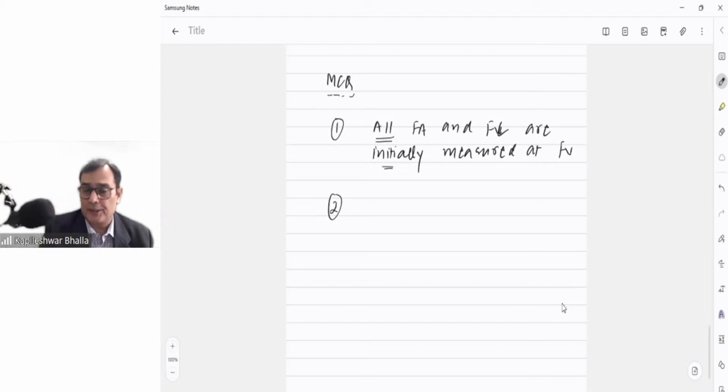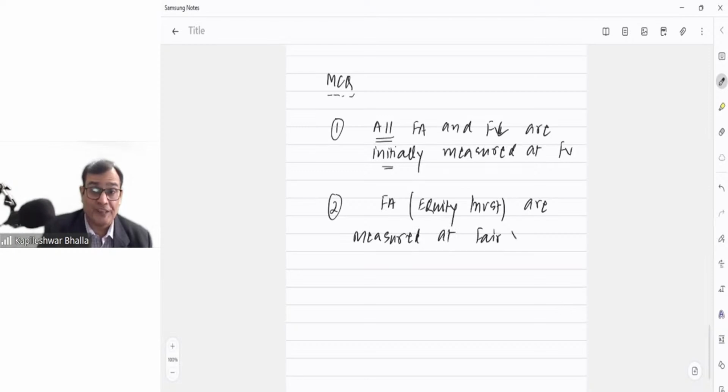The second one is that financial assets, in brackets equity investments, are measured at fair value always.